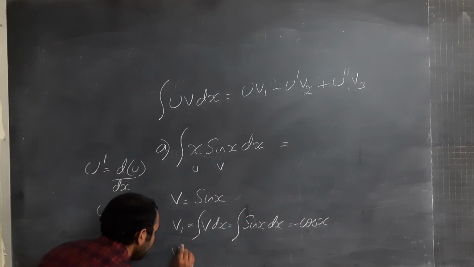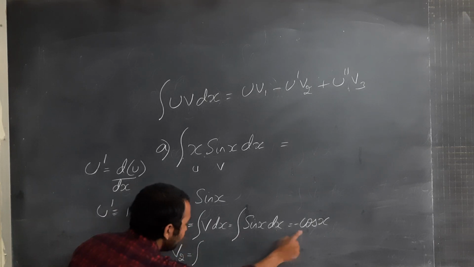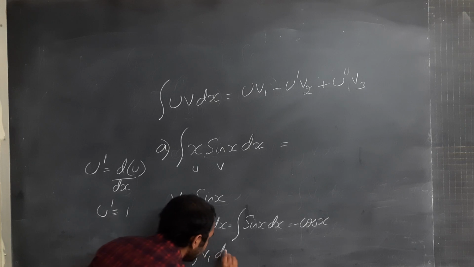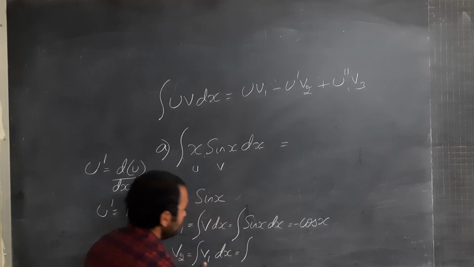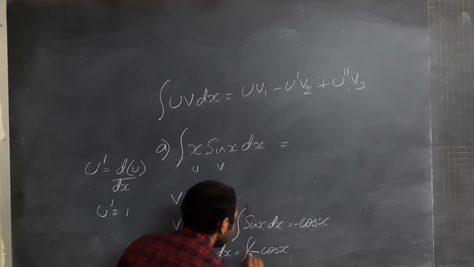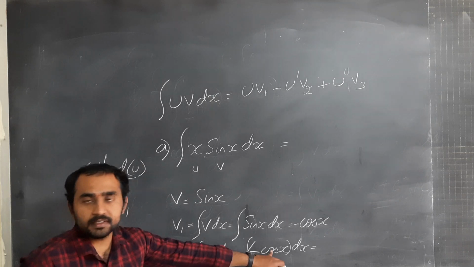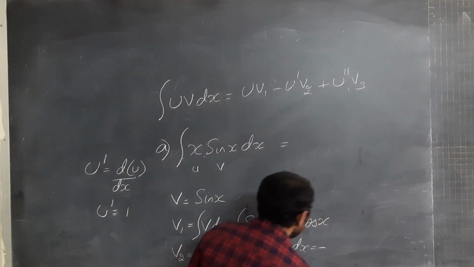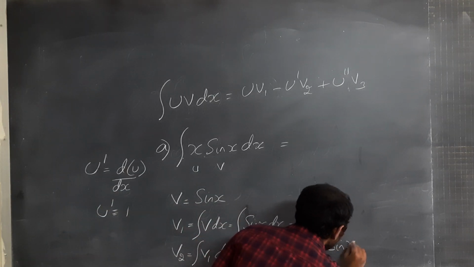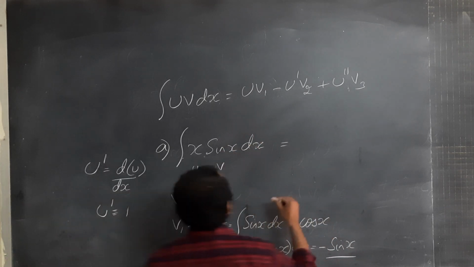Next we need to find v2. v2 means the integration of v1 into dx, so the integration of minus cos x into dx, which is minus sin x. Now we substitute in the formula.